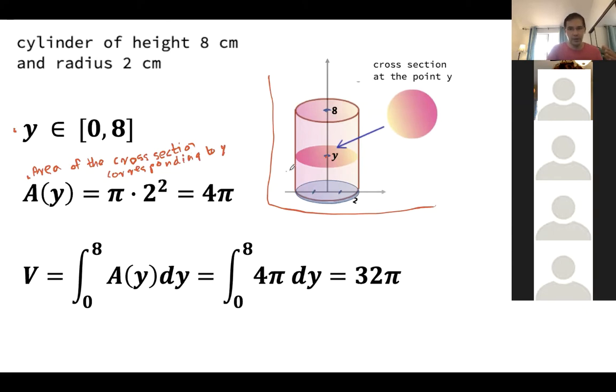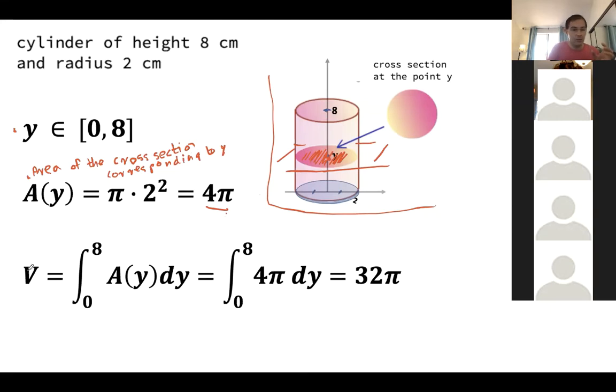So what you do, you take a piece of paper and you look at the corresponding cross section, and then you compute this area. This is the area A, but it's a function of y. In this example, it's a constant function, but in general, it doesn't have to be a constant function, and we'll see many examples when it's not.